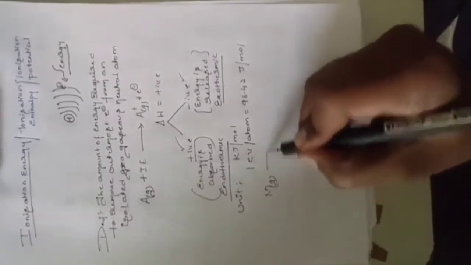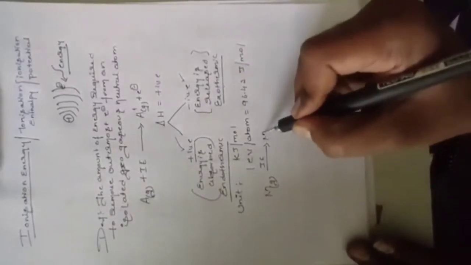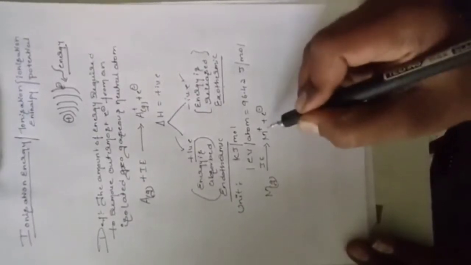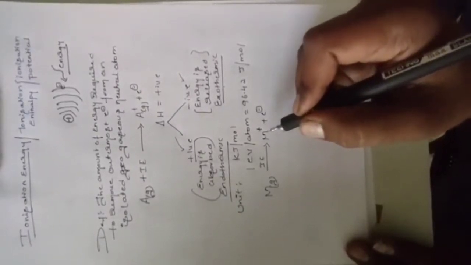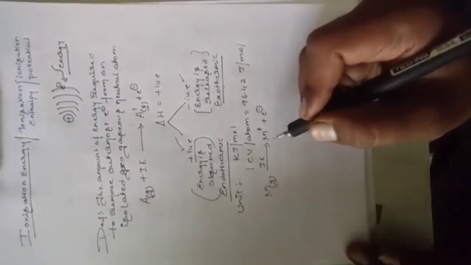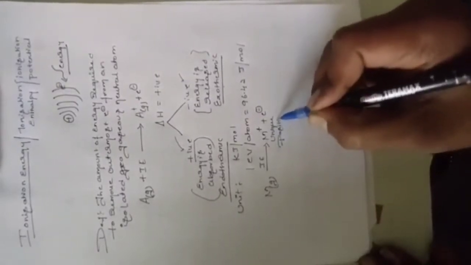We use ionization energy, and the metal becomes positive as it loses electrons. We call it a unipositive ion.